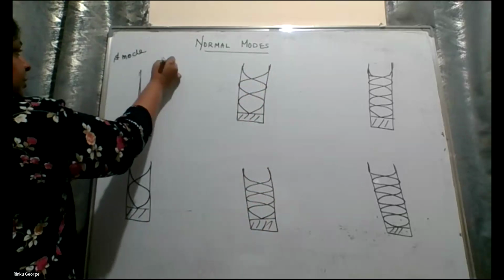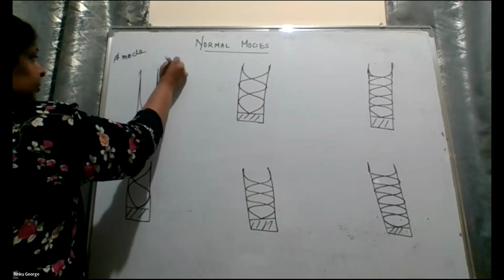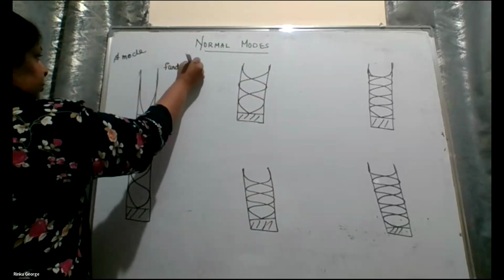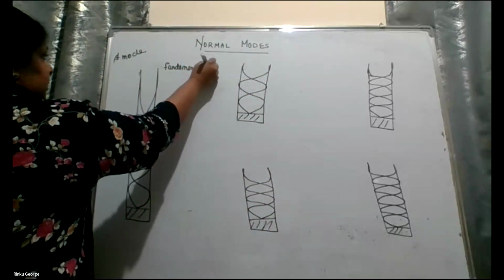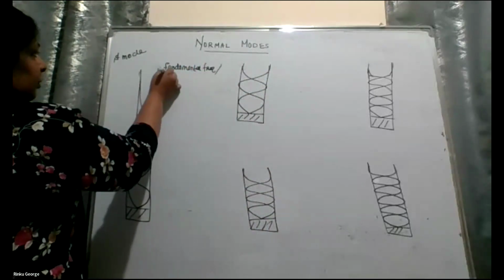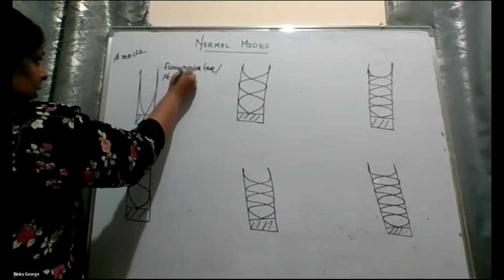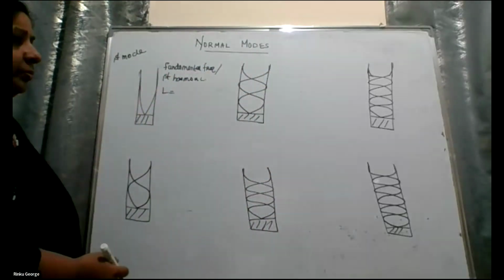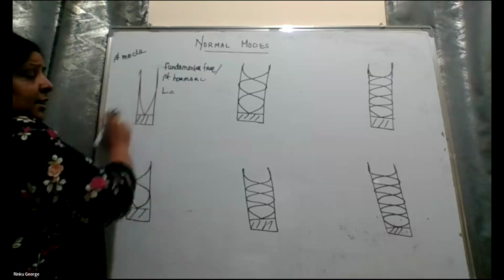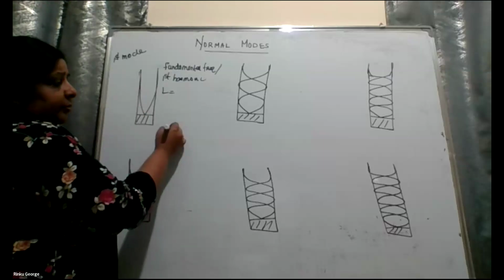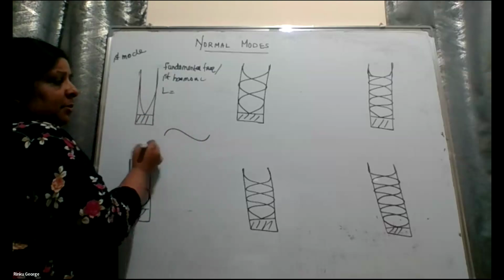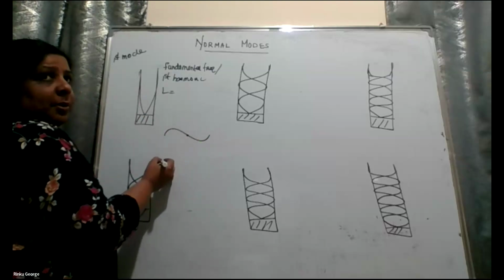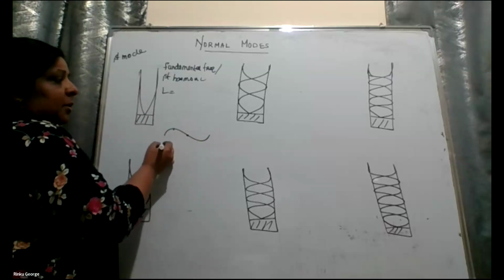And the frequency you will get now, name it as fundamental frequency or first harmonic. What is L here in terms of lambda? One full wave is lambda. Half of that is lambda by 2. This will be lambda by 4.